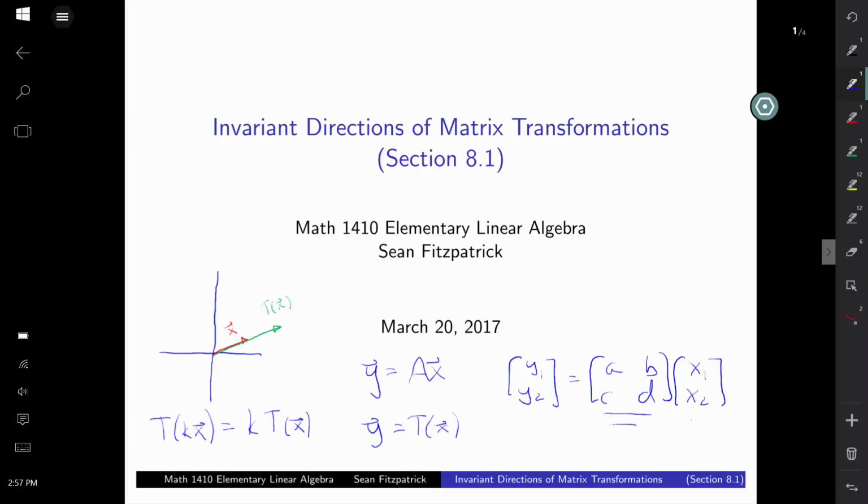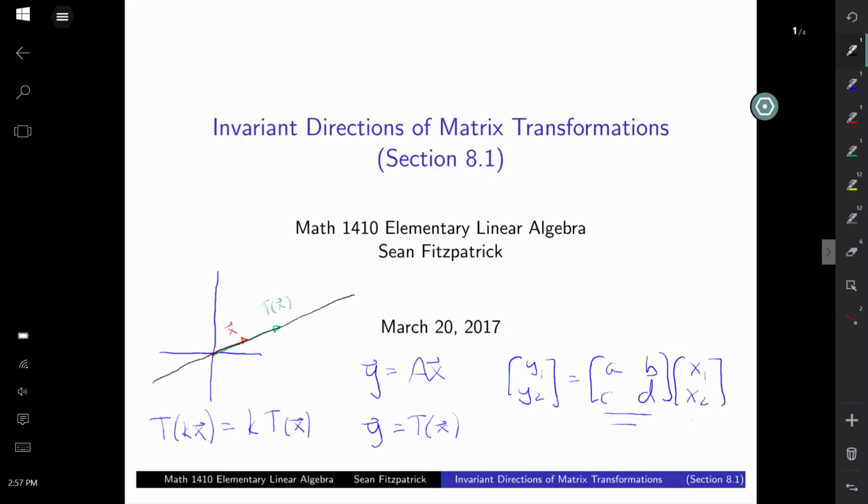And so one way to think about it is that this entire line, this entire subspace, is preserved. One of the things that you would study in a more abstract course in linear algebra, if you're studying linear transformations on a vector space, is those subspaces of that vector space that get left alone by the linear transformation, in the sense that every vector from that subspace gets sent to another vector in that subspace and not to something outside the subspace, so not to some vector which lies off of the line.